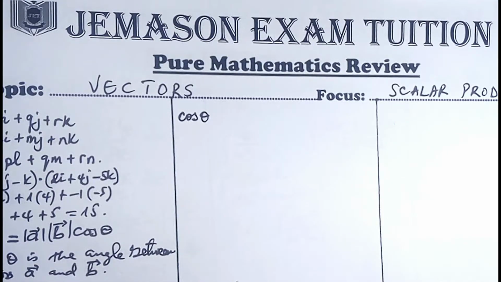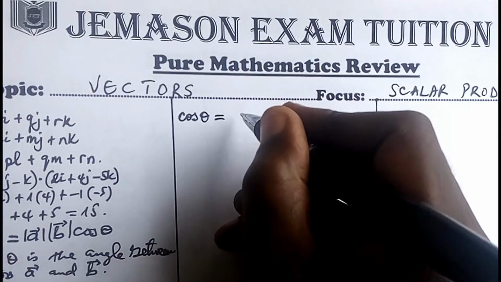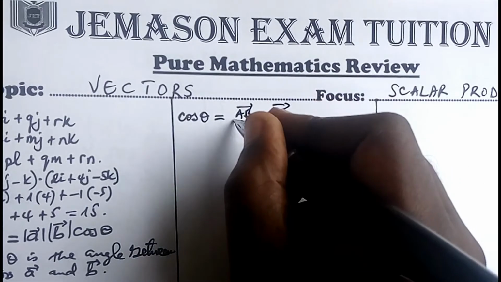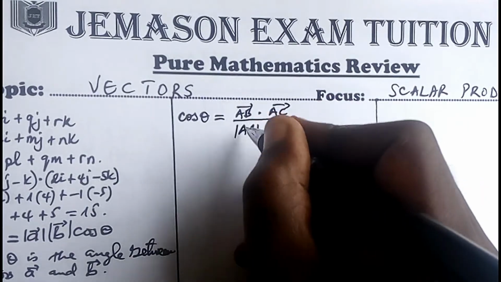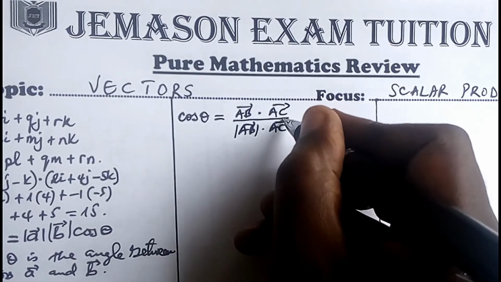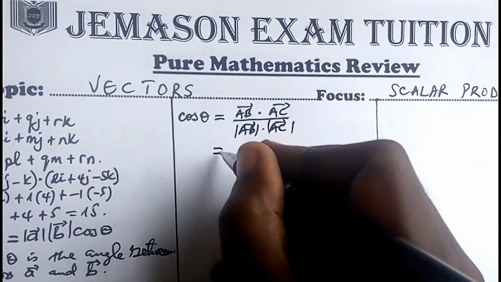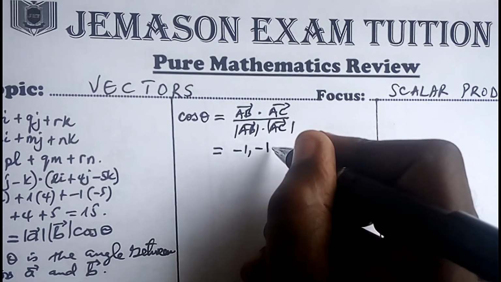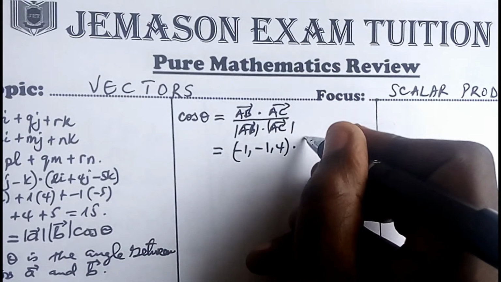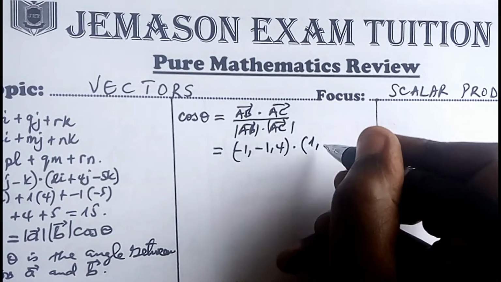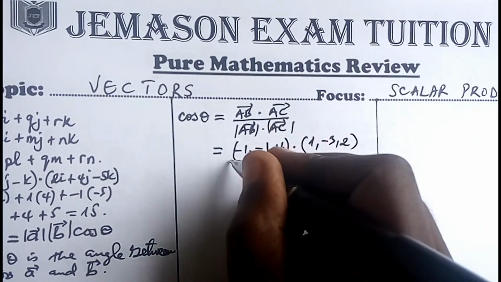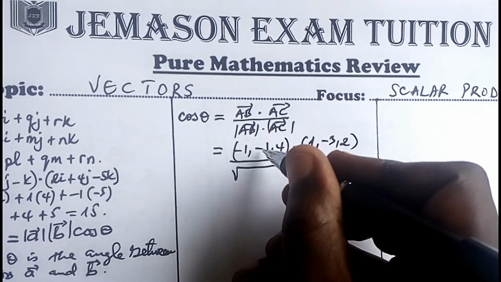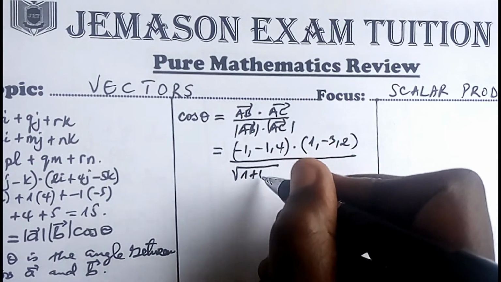But our vectors here being AB and AC, cos theta equals AB dot AC all over magnitude of AB times magnitude of AC. Bringing in my vectors, I get negative 1, negative 1, 4 dot 1, negative 3, 2, all over the magnitude of the first vector: I square the components and add, so I have 1 plus 1 plus 16.